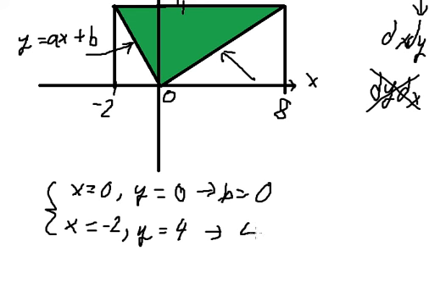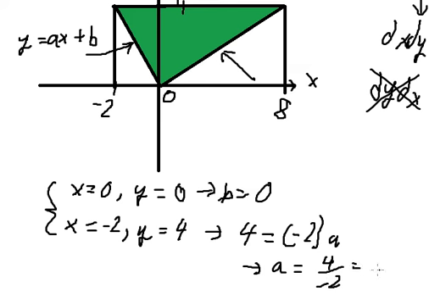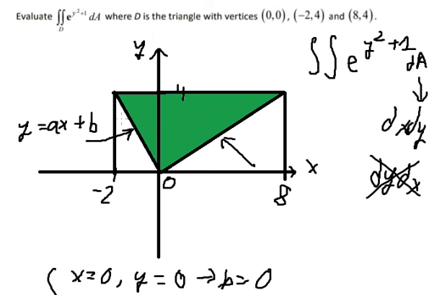So you get 4 equals negative 2a. So we can find a equals 4 divided by negative 2, and you get negative 2. So we have b, we have a, and we can find the line of this one, that's y equals negative 2x.